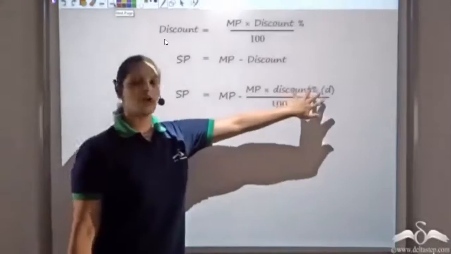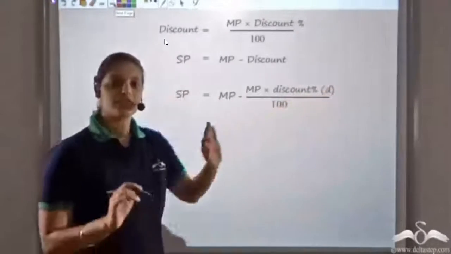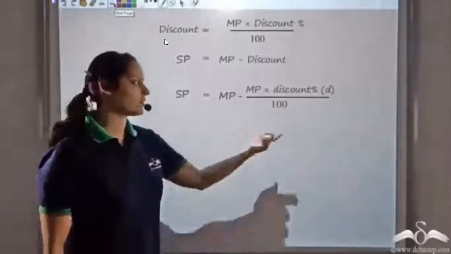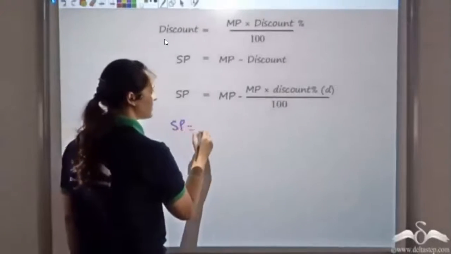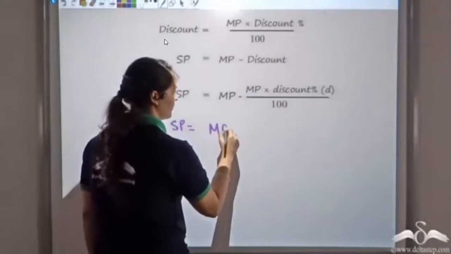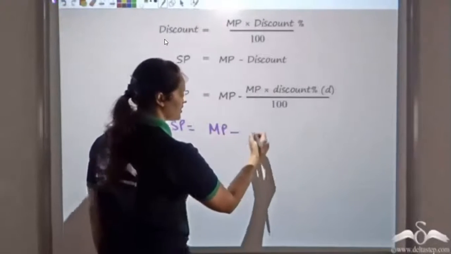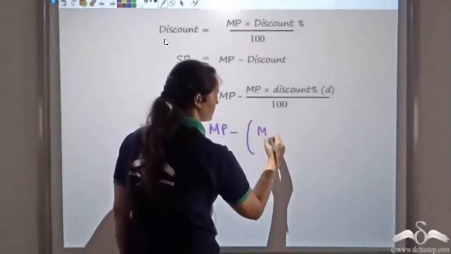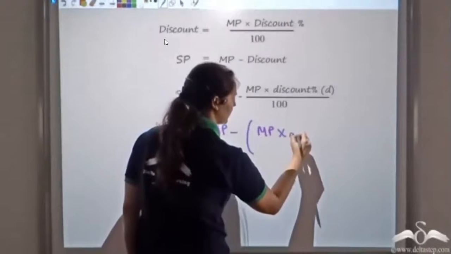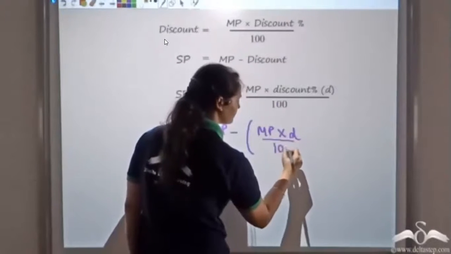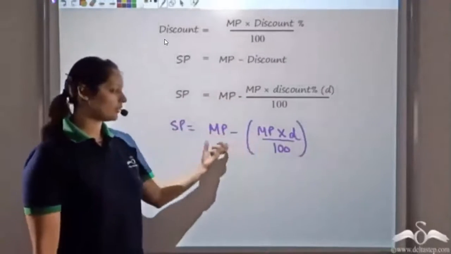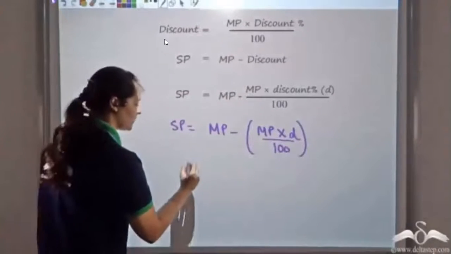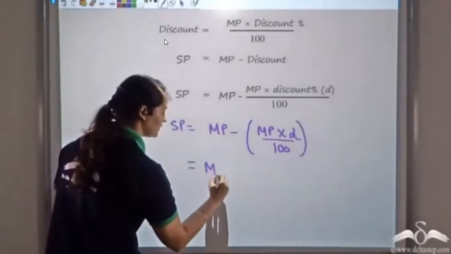Now we will call this discount percent D. We'll just write the letter D to represent discount percent. So my selling price becomes MP minus marked price into D by 100. Here marked price is common in both these terms, so I can take marked price outside.